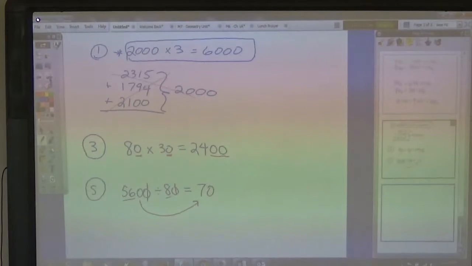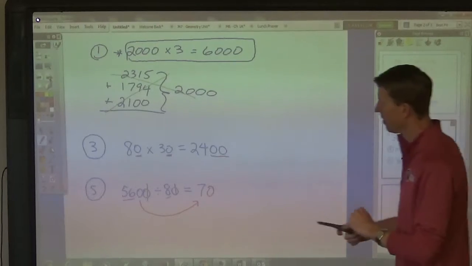So what do we do with a division problem? What types of numbers do we have to use? What do we call those numbers if they fit and they make a whole number? Starts with a C. O. M. Allison? Compatible numbers, yes.